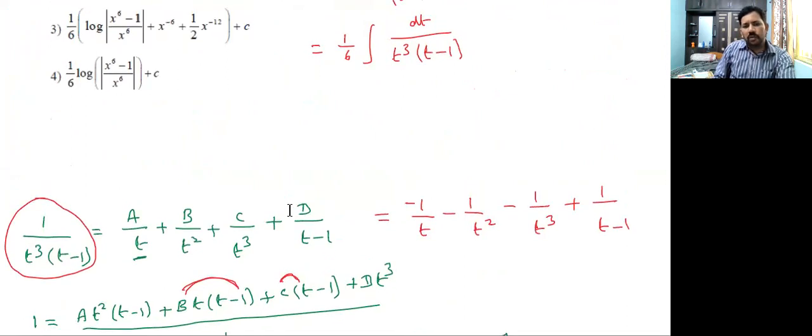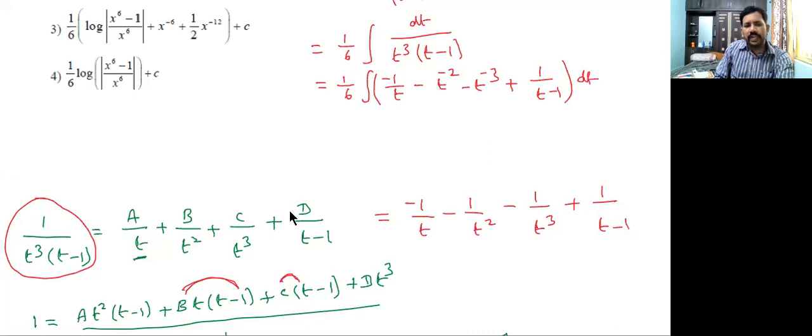So go to the question. Put those values here: 1/6 integration of −1/t − 1/t^2, which I am writing as t^−2, − t^−3 + 1/(t − 1).